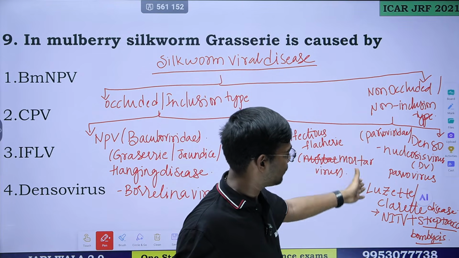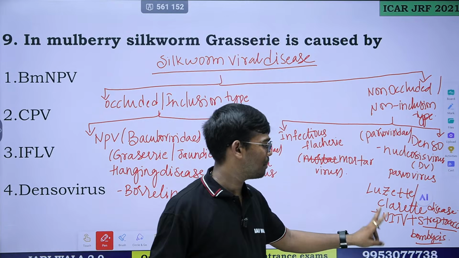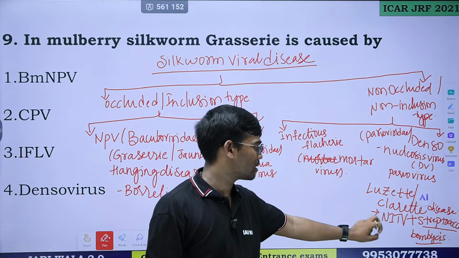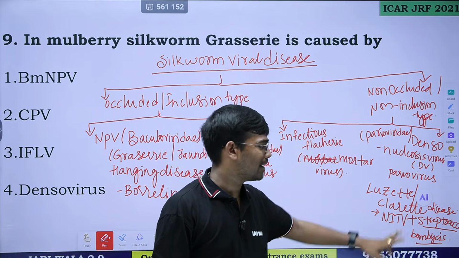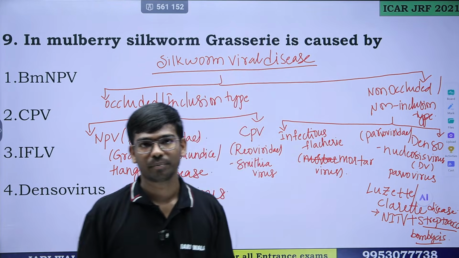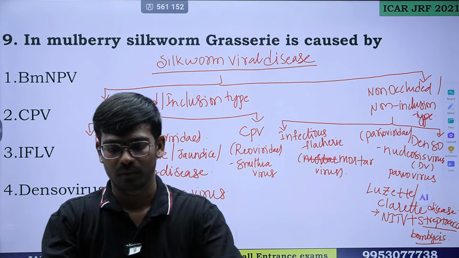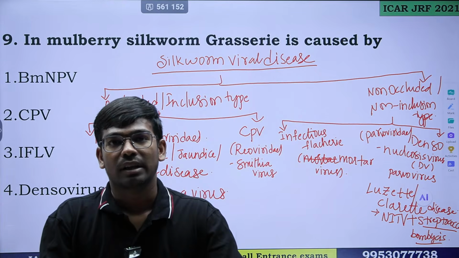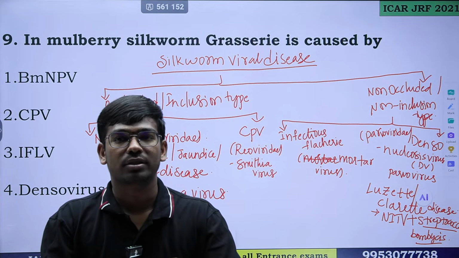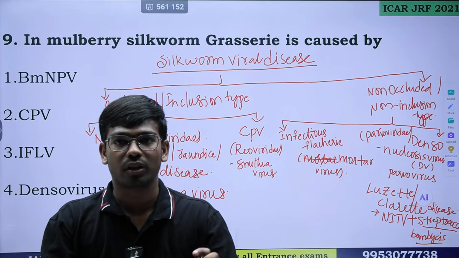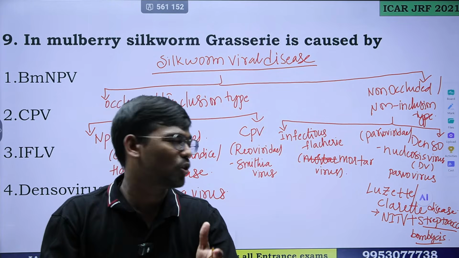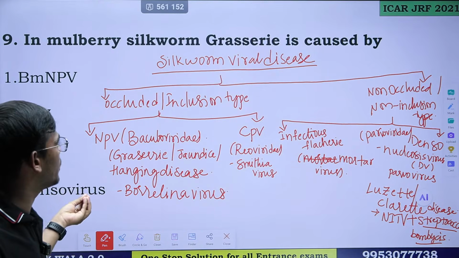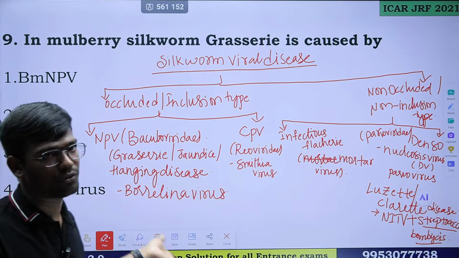And if the virus and the bacteria Streptococcus bombycis are both there, that disease is called Luceti or Clarity disease. This is this much. It would be better if you take screenshots, or write it in your notes somewhere, so that if you remember this classification, you can mostly answer these questions without any confusion.